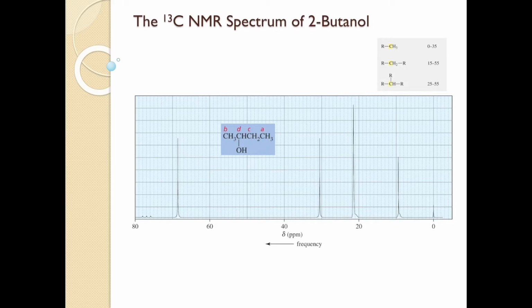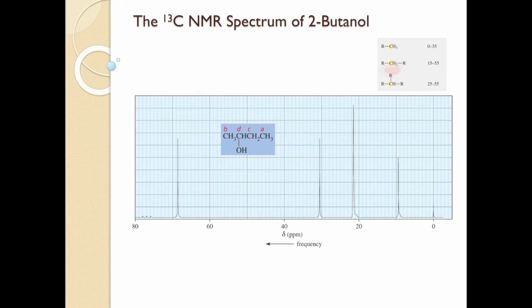Here is the carbon-13 NMR spectrum of 2-butanol, and you can see there are 4 different peaks corresponding to the 4 different types of carbons present in 2-butanol. By looking at the structure, you can see there are 2 methyl groups. The methyl group far away from the electron withdrawing group appears at the far right of the spectrum. Since the other methyl group is closer to the OH, it comes next.